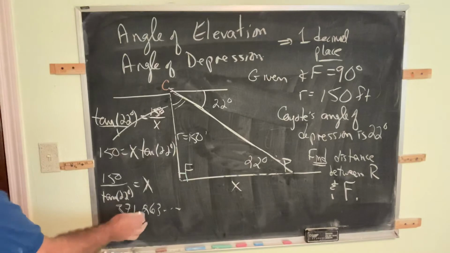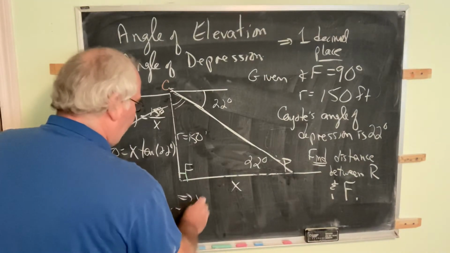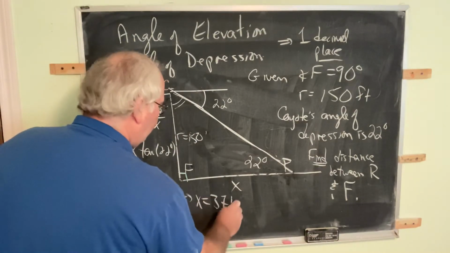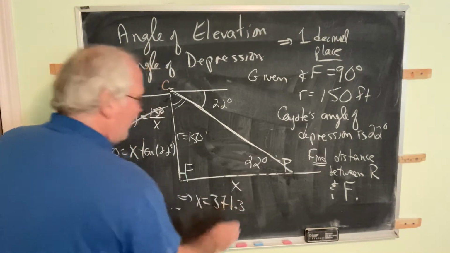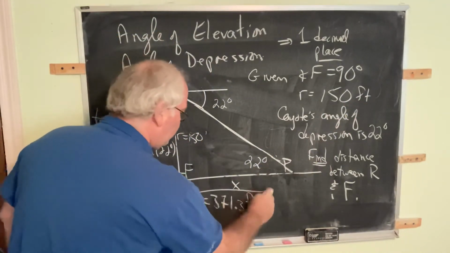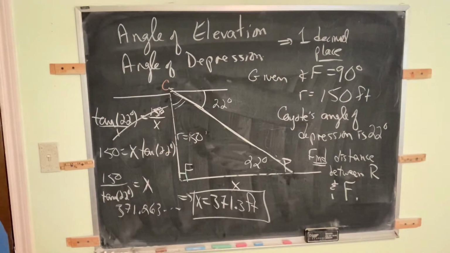So round it to 1 decimal place. This 6 means we round up to a 3. So for our purposes, x is equal to 371.3, and we actually have units. We might as well go ahead and use them, feet. Make the physics people happy if we actually use the units occasionally. So that is certainly fine. There's no problem with that and no issues there.